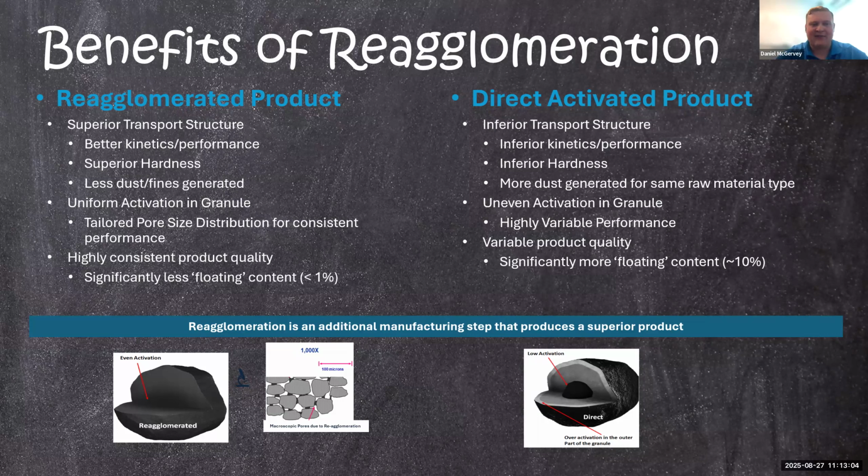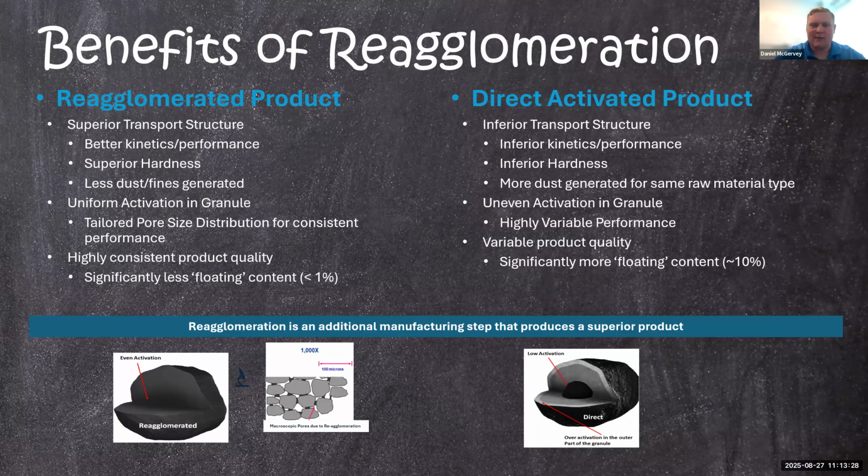We also get uniform activation, and that's where some of the consistency comes from. We have a really good tailored pore size distribution, which gives that more consistent and better performance overall. While with a direct activated product, sometimes you can have uneven activation in the granule and get highly variable performance, even if some of the specifications are similar.